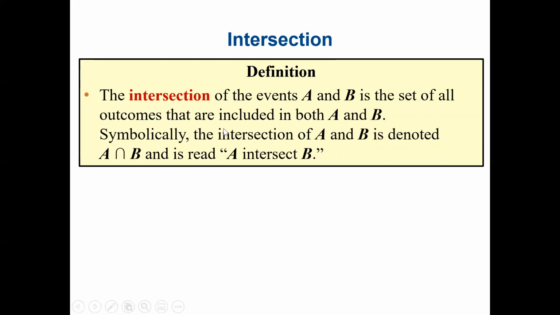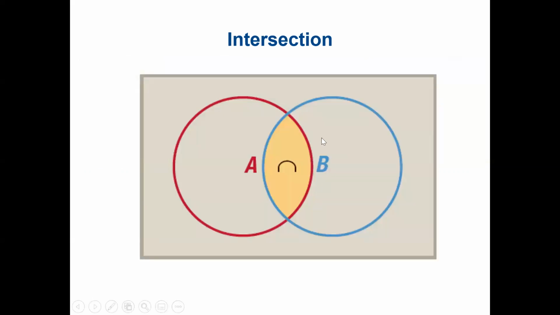But the intersection is the outcomes that are included in both A and B. Symbolically, we have the symbol A ∩ B. In the Venn diagram, we can see the shaded area is the intersection of A and B, which means this shaded area is where events A and B occur at the same time. So intersection is only the outcomes where both events A and B occur at the same time. Union is everything in A and B, including the intersection of A and B.